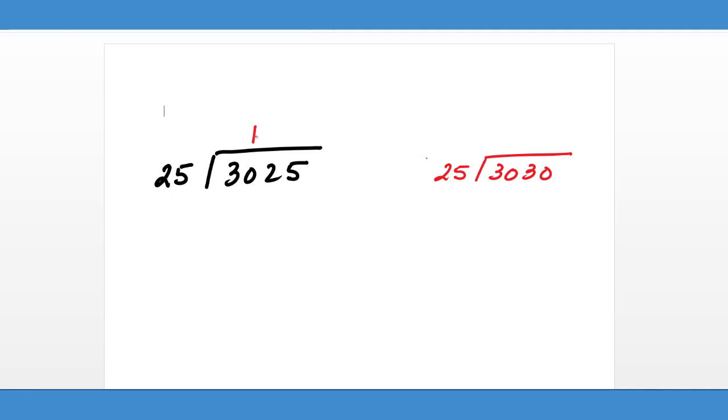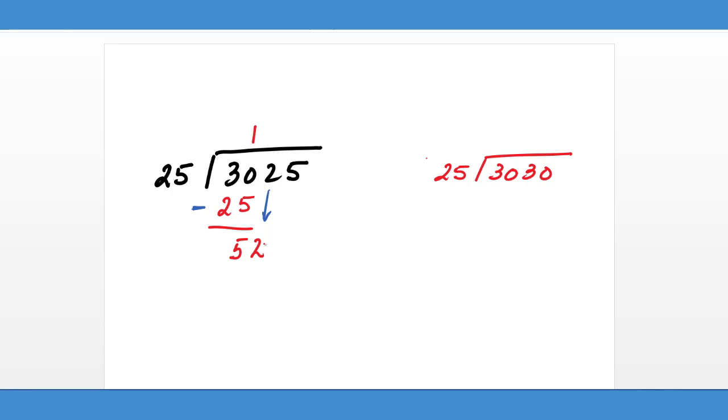So then I'm going to multiply 1 times 25 to get 25. Now if you recall here, we need to subtract the 25 from the 30. So even though I have a 25 in here, it's understood that we're going to subtract that, leaving us just 5. Now, we need to drop down the next term, which is the 2.